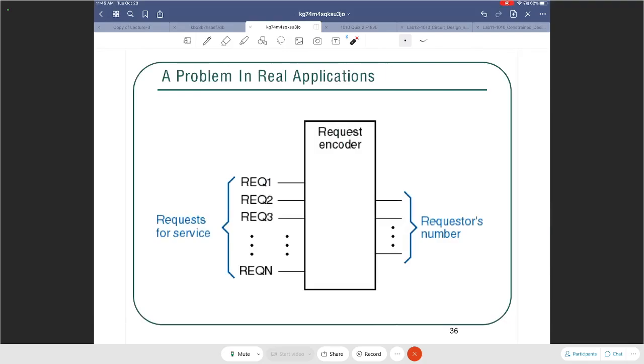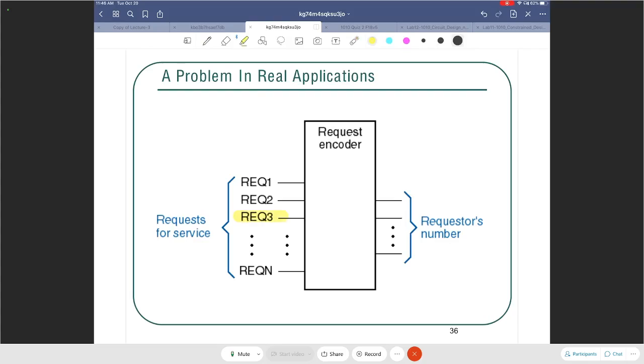So the encoders themselves are used a lot in real applications, right? For example, if you have a service and many people are requesting that service, say you want to encode each person coming in and requesting service, you want them to get a particular number, right? So you could use the request. Requester 3 comes in and asks for service.